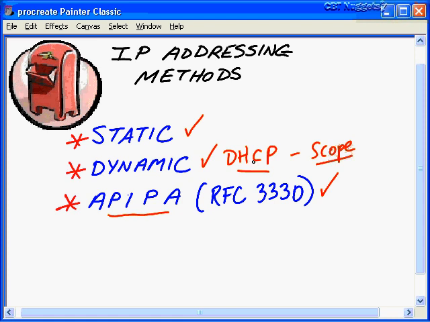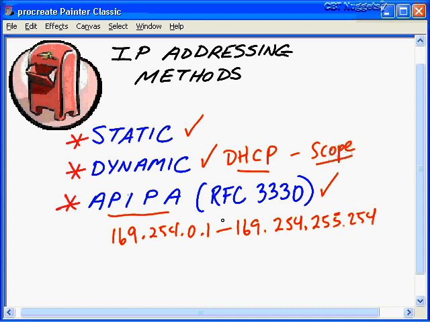If your DHCP server is down or you've not properly statically assigned an IP address, it'll go ahead and give your workstation, server, or laptop a temporary IP address from a range of 169.254.0.1 through 169.254.255.254.